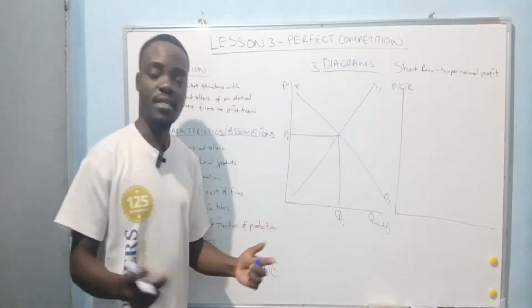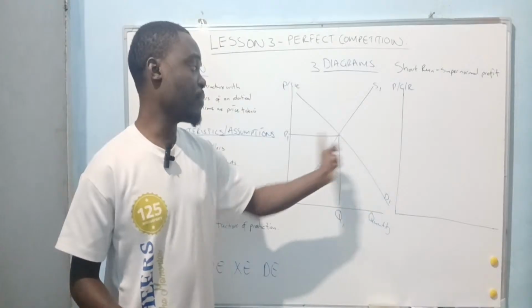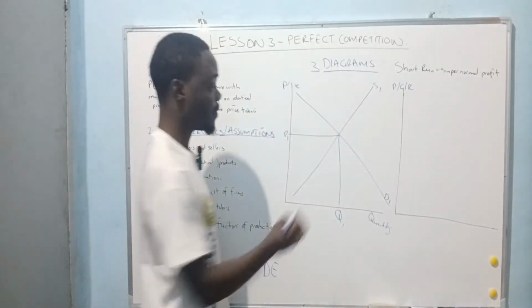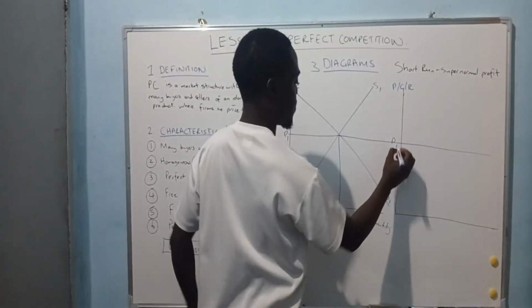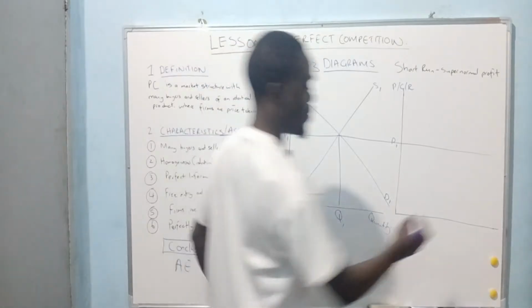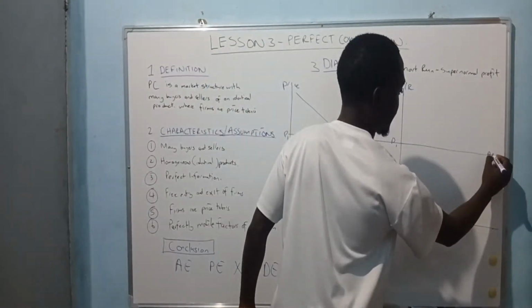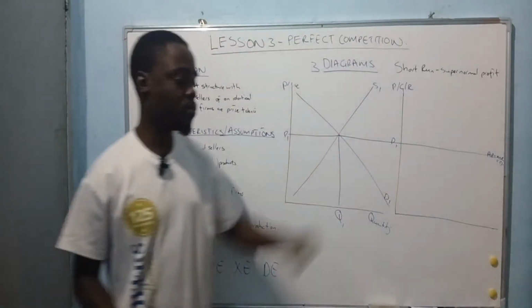Like we have said, they take the price from the market, so I'm going to take the price from the market and give it to the firm. So then we take the price across. This is the same price here. Remember, the same price line becomes the average revenue, which equals the marginal revenue, which also equals demand. That's what you should know.